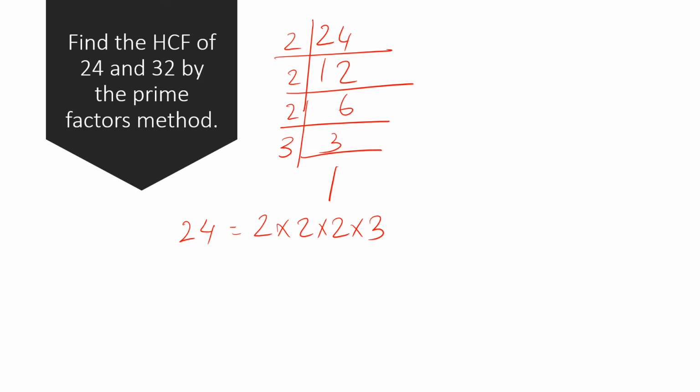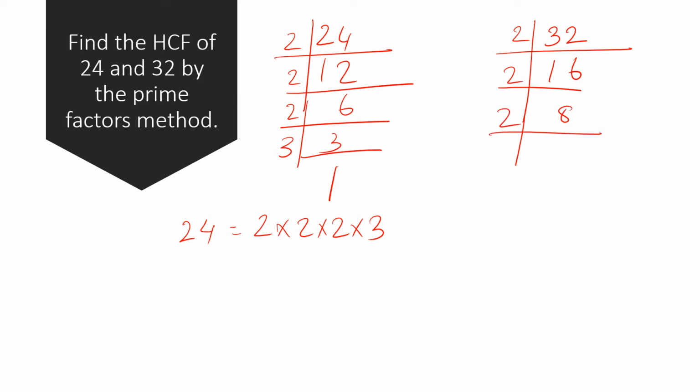Okay, then you have another number here, 32, which can be divided by 2 and we will get 16, again by 2 we will get 8, again by 2 you will get 4, again by 2 you will get 2, and dividing by 2 you get 1.